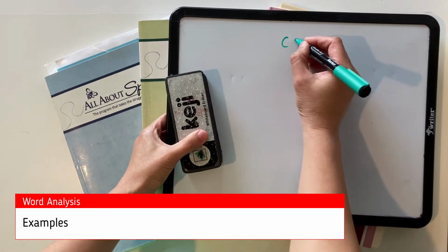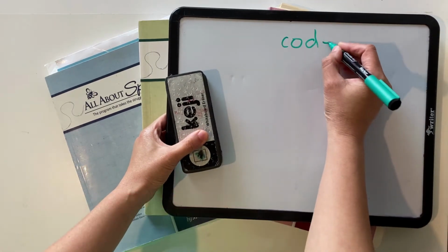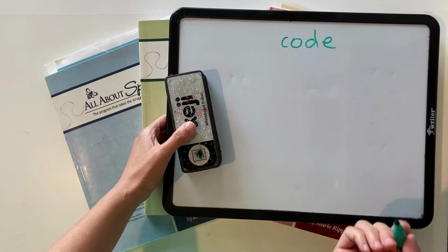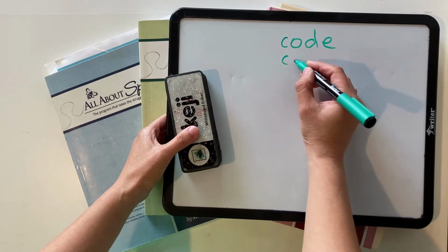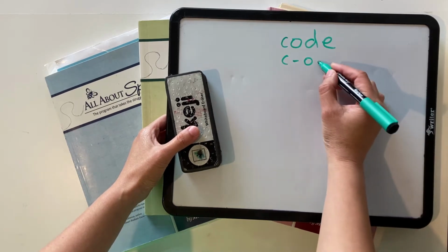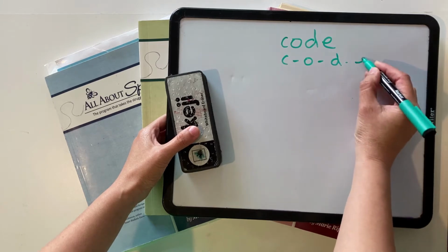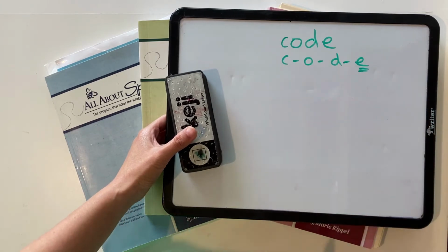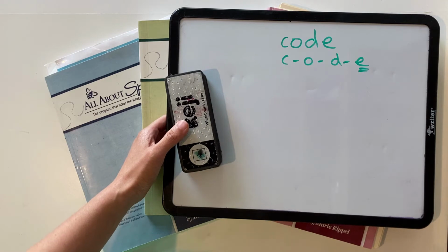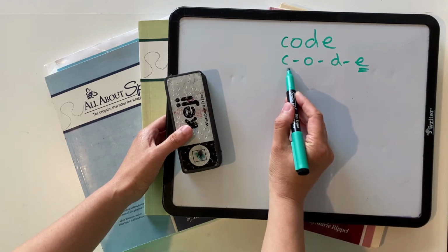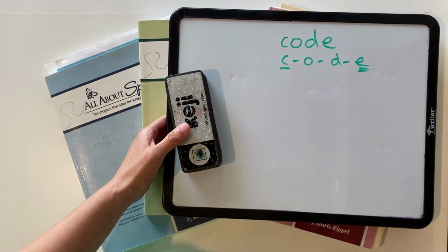Okay, so we've got this word here, code. First we segment it, k-o-d, with a silent e at the end. So what's the first sound? It's a k sound. Why does it start with a C and not a K?